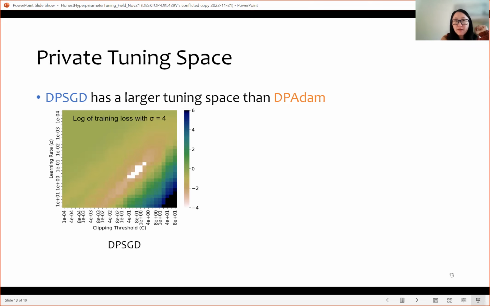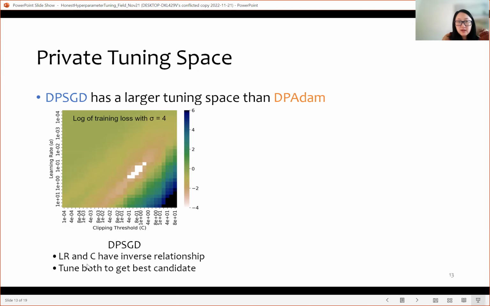We plot the log of the training loss, right, over 2 dimensions of the hyperparameter space, including learning rate and clipping threshold. And I find there is an interesting inverse correlation between these 2 hyperparameter dimensions, right? The good performing candidates are lying along the diagonal of this plot, right? So you actually have to tune both of these hyperparameters in order to get the best candidate.